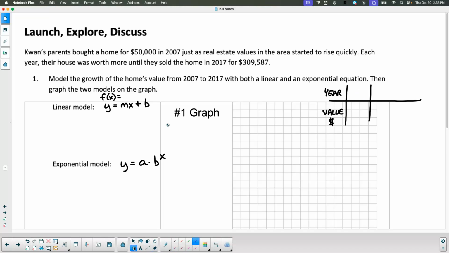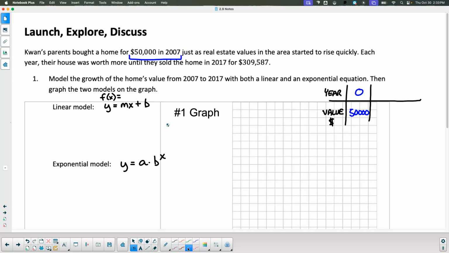Like you can't just throw out one number when I need two. What do you got? 0 and 50,000. So 0 for the year, 50,000 for the value. Okay, and we got that from there.